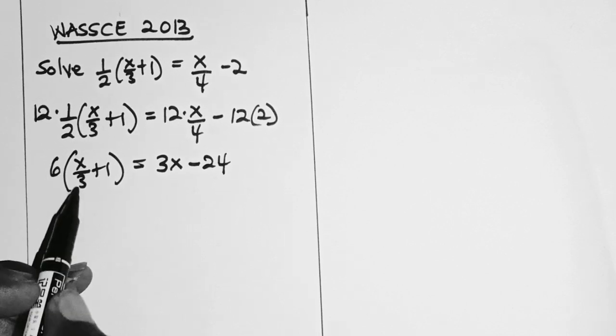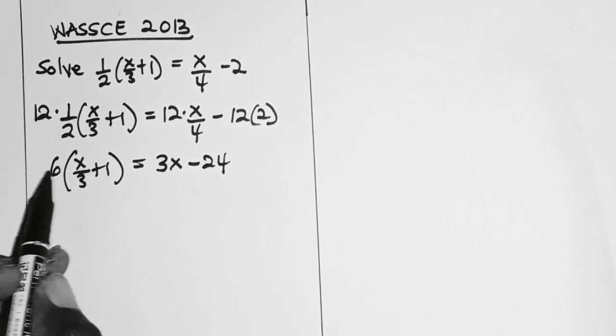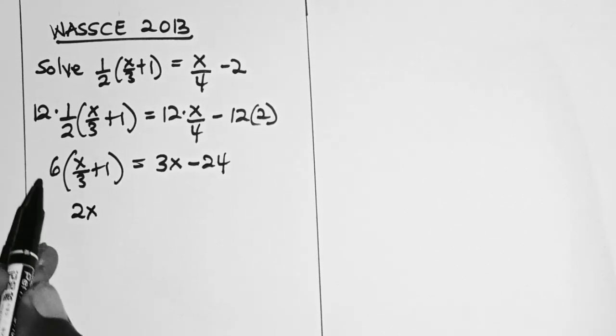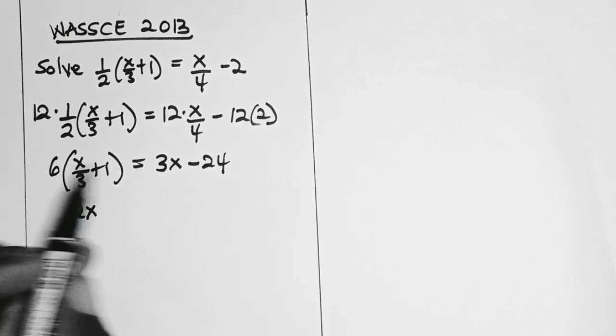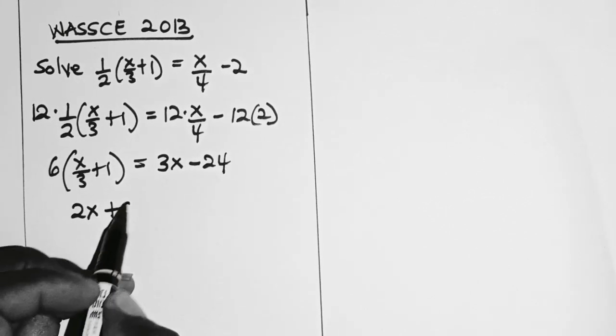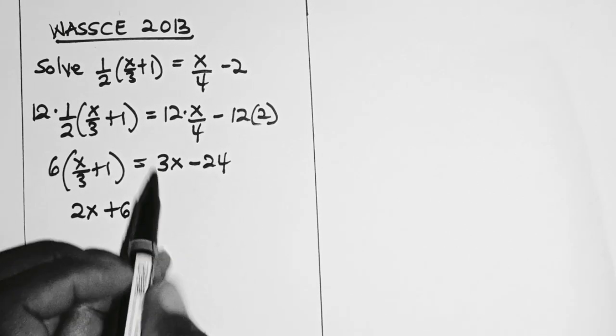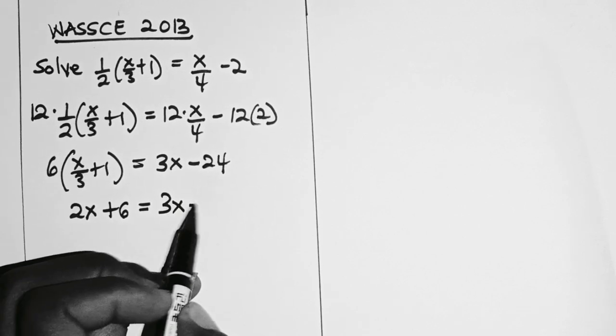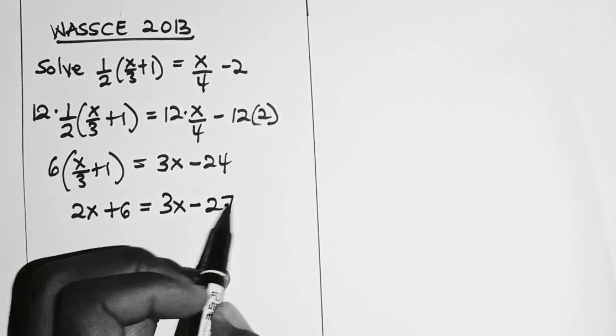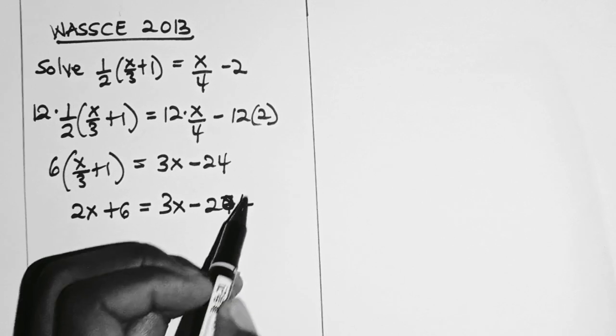So 6 divided by 3 is 2, and 2 times x becomes 2x. Then plus 6 times 1, that is 6, equals 3x minus 24.